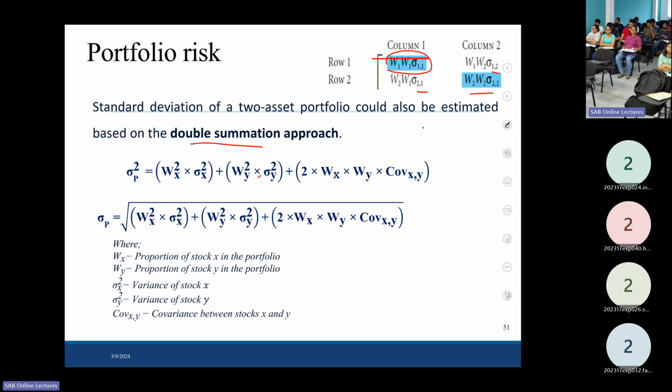Then twice weight 1, weight 2, the covariance between 1 and 2, which equals the covariance between 2 and 1. So twice weight X, weight Y, covariance between stocks X and Y. Then we can make the matrix again for n stocks.